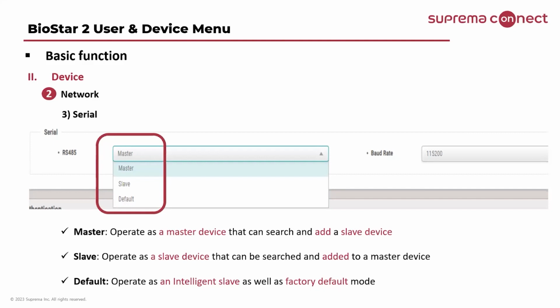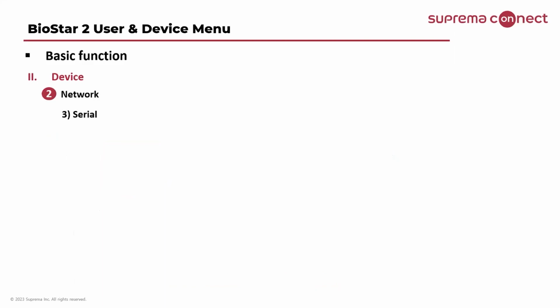Lastly, if selecting default, the device can operate as an intelligent slave as well as a factory default mode. However, there is an extra procedure to connect between master and slave devices, except for selecting option in serial. So please follow the below 5 steps.